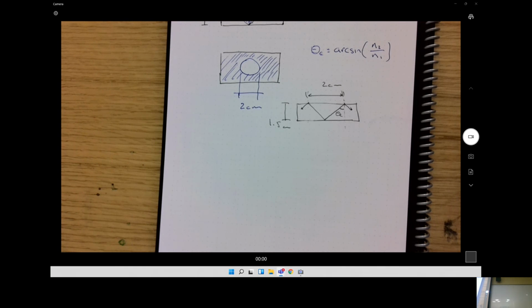Oh, because you got these guys will be 1.5. And these will be 1. So the triangle rectangle 1.